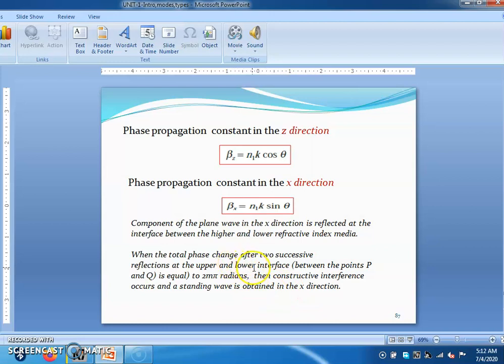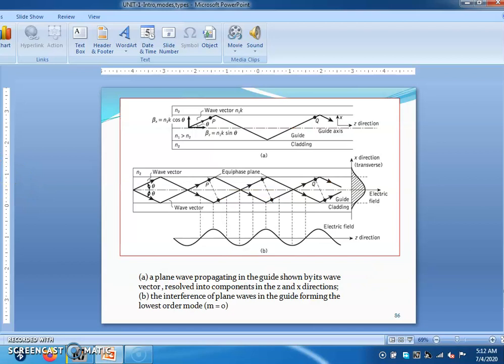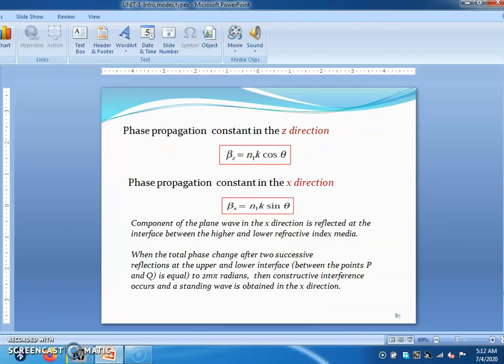So consider the total phase change after two successive reflections at the upper and lower interface, between points P and Q. This is one reflection, this is another reflection, and this is the span between two successive reflections, between the points P and Q. So when the total phase change after two successive reflections at the upper and lower interface is equal to 2 m pi radians, constructive interference occurs.